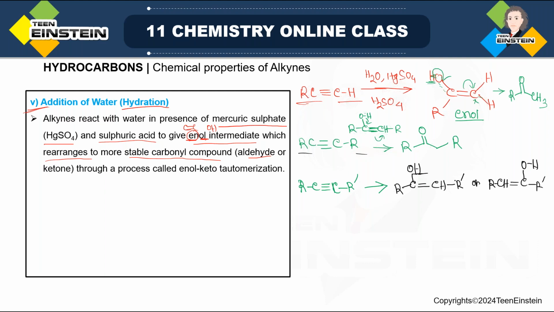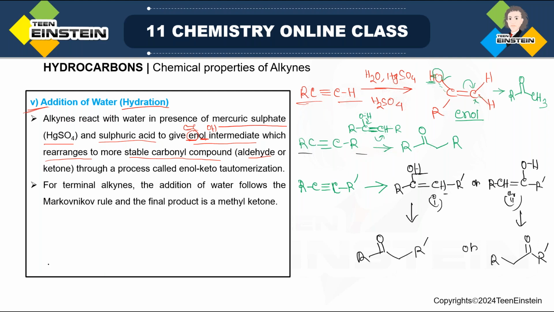Here addition of OH and H is already happening, and depending on whether this enol is formed, suppose this is enol 1 and this is enol 2, two possibilities are there. After ketoenol tautomerization, from enol 1 we will get RCOCH2R prime, and if it is the second enol, we will get RCH2 double bond R prime.